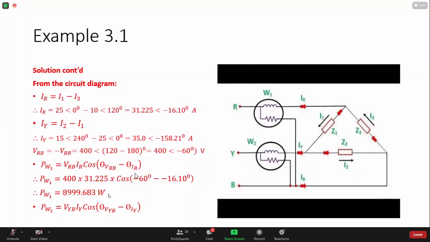All right, so VRB is minus 60 and IR is minus 16.1.